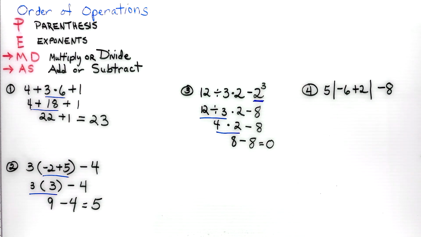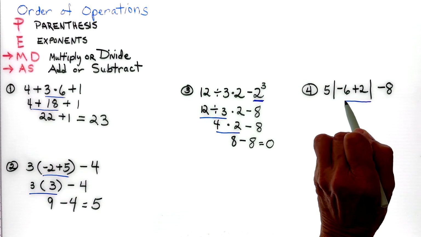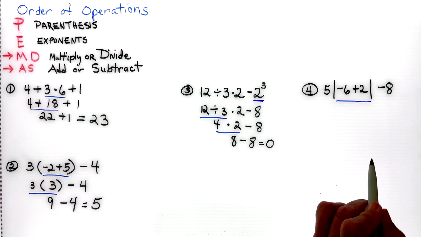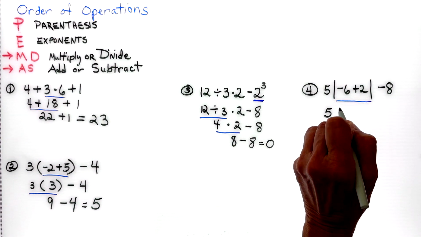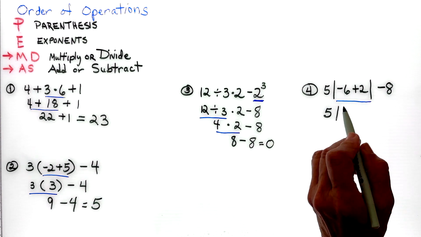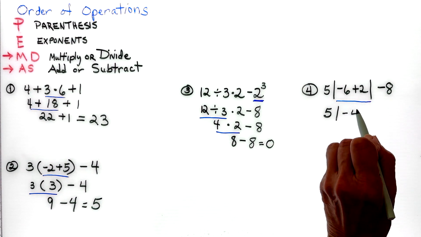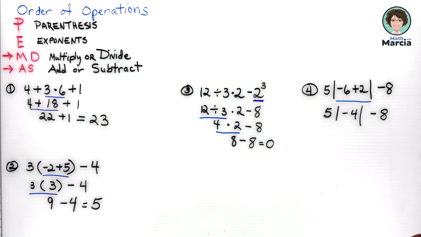So let's start working this problem. I am going to underline my parentheses or my absolute value, and I will copy my 5. Here's my absolute value symbol. Well, -6 plus 2 is a -4, and I'm copying my subtract 8.